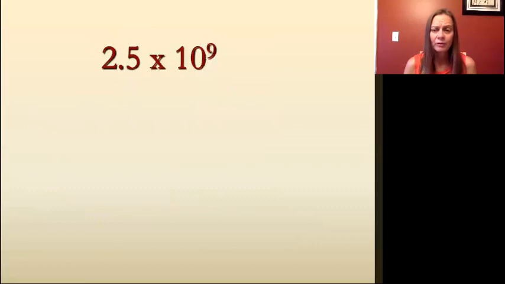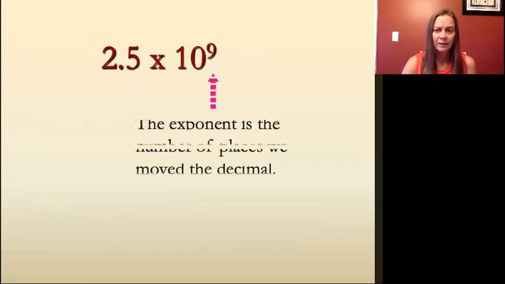So now I have 2.5 times 10 to the 9. The exponent is the number of places we moved the decimal, and the 2.5 is the number after we drop all the zeros. We only drop zeros, and we'll talk about that when we talk about significant figures.